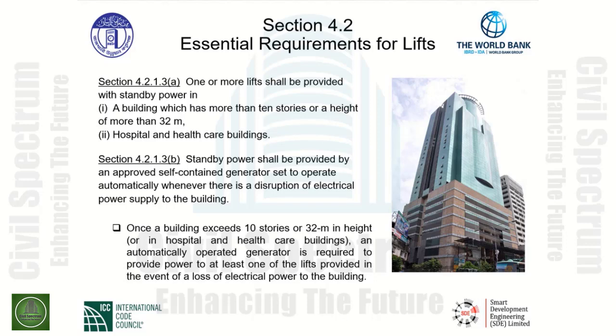And again, once a building exceeds 10 stories or 32 meters in height, or in a hospital or healthcare building, an automatically operated generator is required to provide power to at least one of the lifts provided in the event of a loss of electrical power to the building.